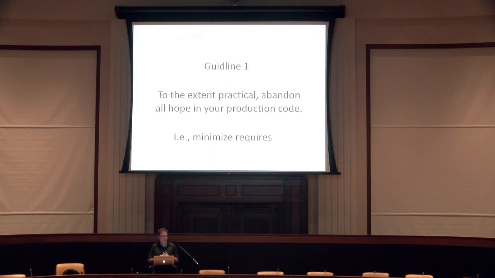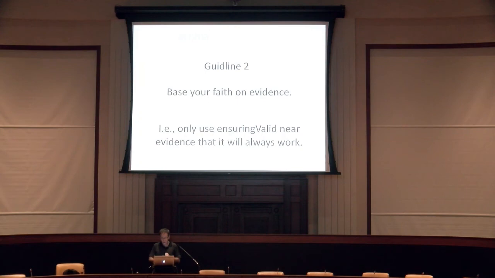So the two guidelines I have are basically: when you see require, you should think about, can I actually get rid of it by moving that constraint into the type? So that's like getting rid of most of the places where you have expressions of hope. You want to squeeze all the hope out of your code. And then it's okay to have these ensuring valids as long as there's nearby evidence that gives you high confidence, like scientific consensus, that it's going to work, always.